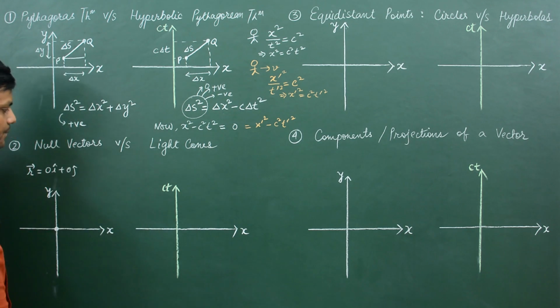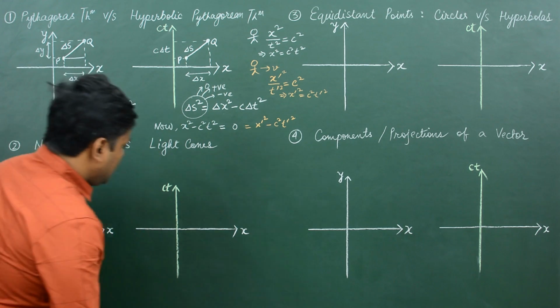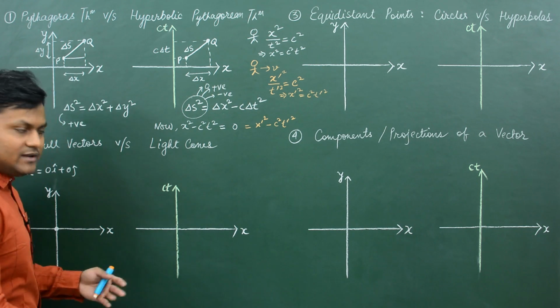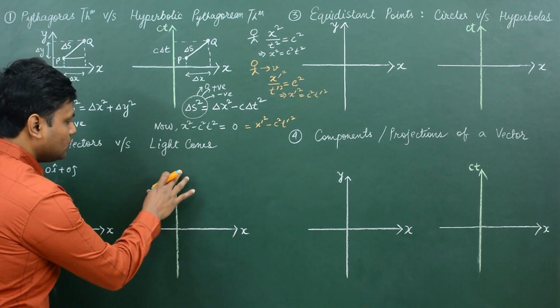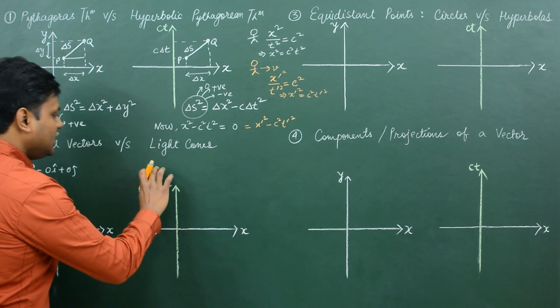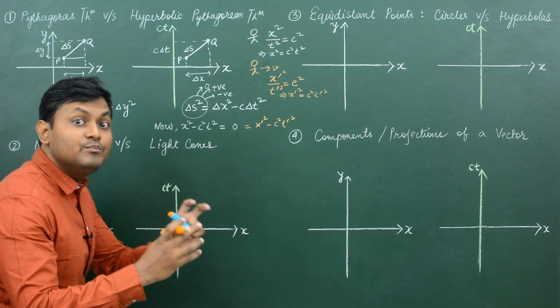So for example, if I have a straight line that I draw, let's suppose I draw a straight line between x and t so that the changes in x and the changes in t happen in the same proportion.